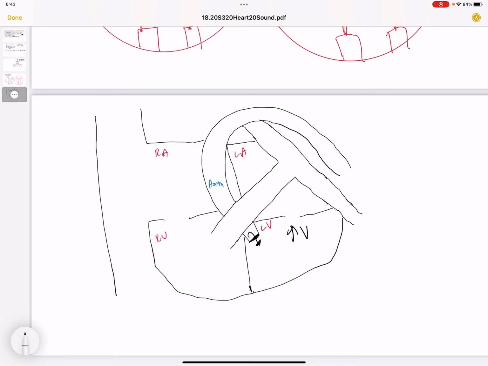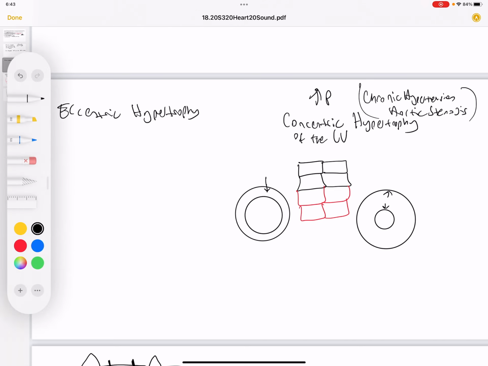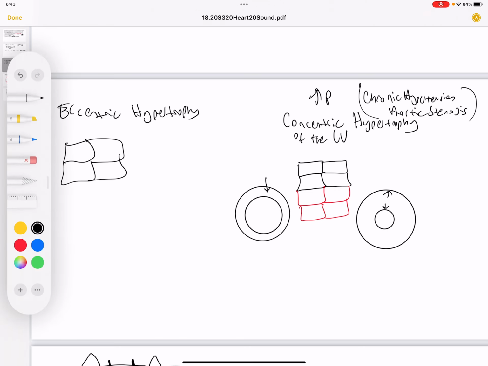Over time, that increase in blood volume is going to result in eccentric hypertrophy of the left ventricle, and that is going to be due to addition of sarcomeres in parallel, or excuse me, in series.